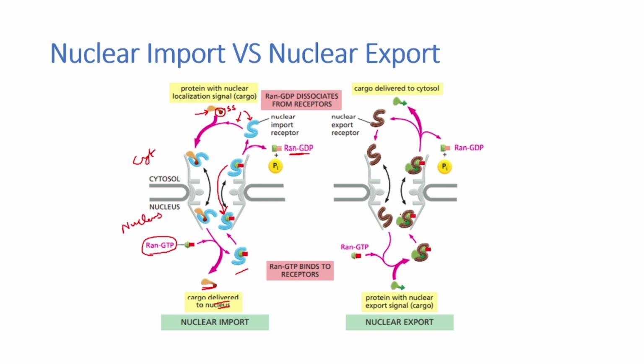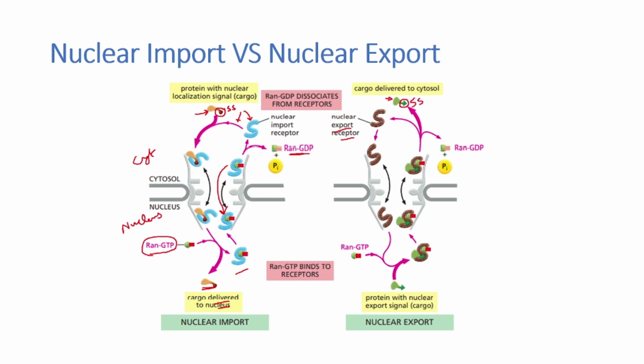Suppose you need to export some protein, then likewise you have a nuclear export receptor for them. So what will happen? This is the cargo protein which needs to be delivered to the cytosol, and here this is the tail portion, this is the signal sequence.